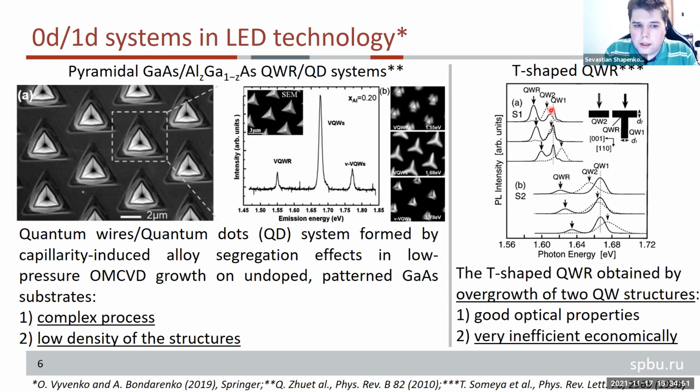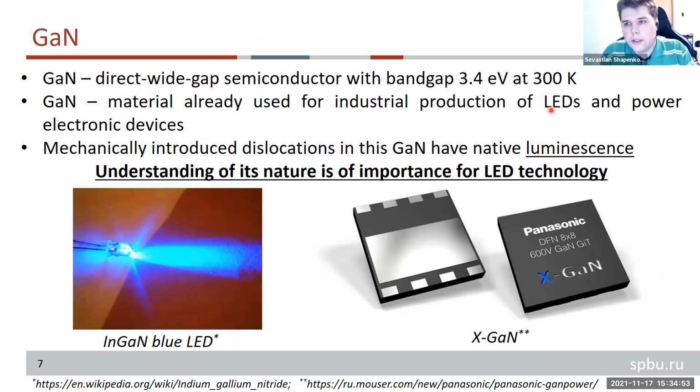But by later studies, it was discovered that for gallium nitride, which is a direct wide gap semiconductor, and which is already used for production of LEDs and other electronic devices, it was discovered by different groups that in these crystals, if we introduce dislocations mechanically, they will have native luminescence.